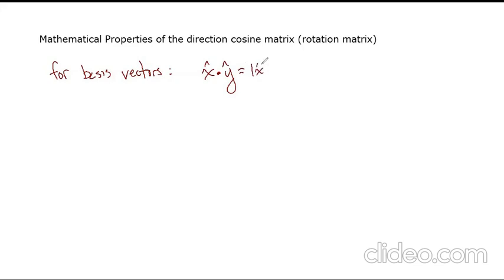And that scalar would be given by the magnitude of the unit vector x, the magnitude of the unit vector y, and the cosine of the angle in between them. The magnitude of x hat is 1, the magnitude of y hat is 1. What's the angle in between them? It's 90 degrees. So I get 0. What's the scalar product of y hat with itself? It's going to be 1.